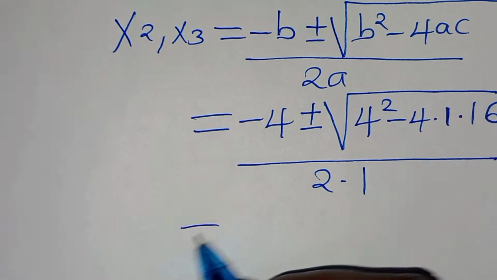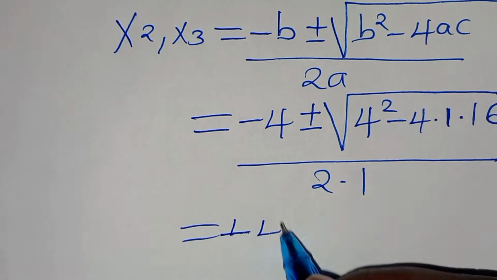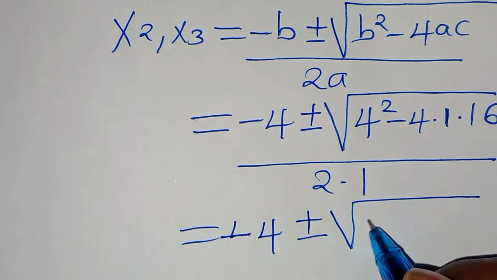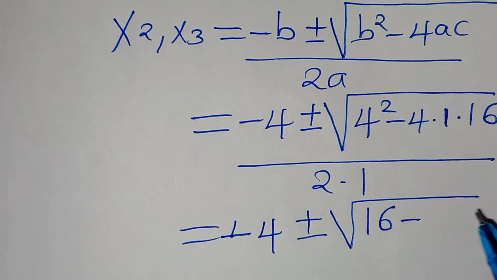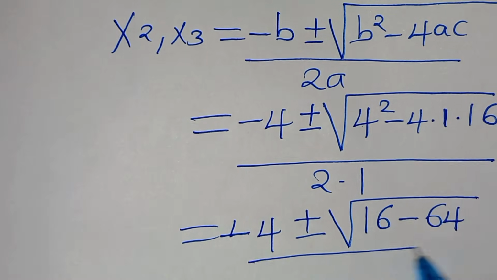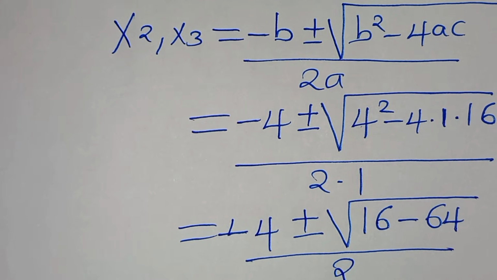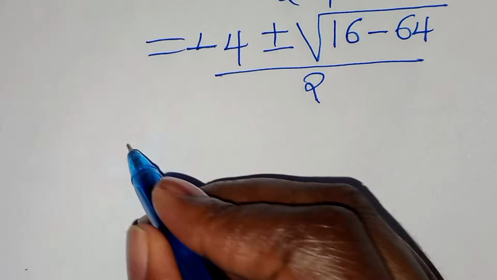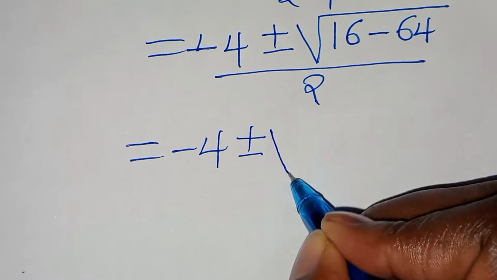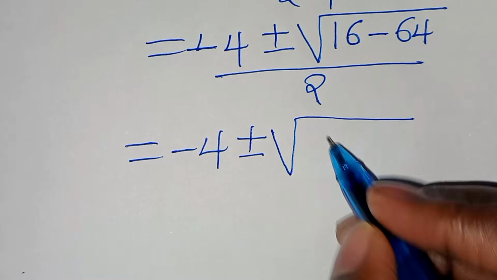So that now here we have minus 4 plus or minus the square root of 4 squared, this is 16, minus 16 times 4, this is equal to 64. Everything here divided by 2. Now this implies that here we have minus 4 plus or minus the square root of 16 minus 64.